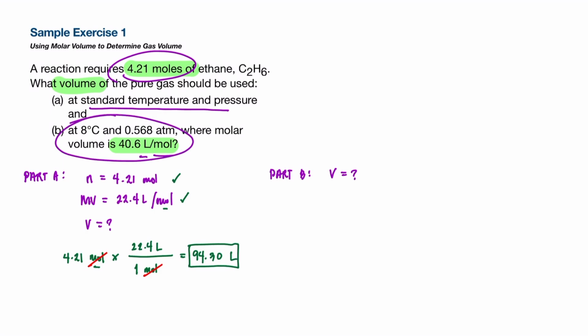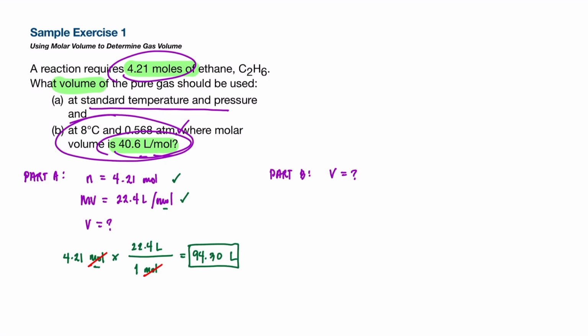On the other hand, for part B, we need to find the volume of pure gas needed at 8 degrees Celsius and 0.568 atmosphere, where molar volume is 40.6 liters per mole. Since for letter B, the reaction is happening at certain conditions, 8 degrees Celsius and 0.568 atmosphere, the molar volume in these conditions is also given, which is 40.6 liters per mole. And that molar volume will now be our new conversion factor.